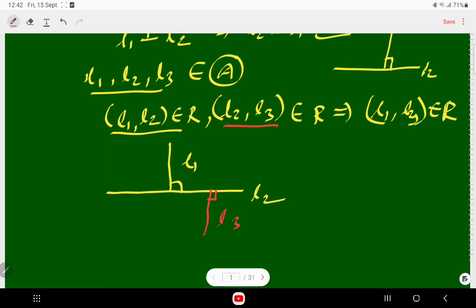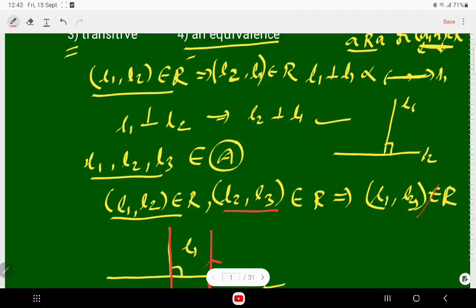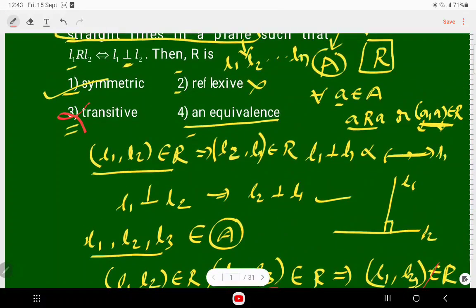Like this we can take it, and it is possible. Now observe L1 and L3. Are both perpendicular? No, both are parallel. So (L1, L3) is not in R. Therefore it is not transitive. So it is only symmetric, so the first answer is the correct answer. Shall we go to the next problem?